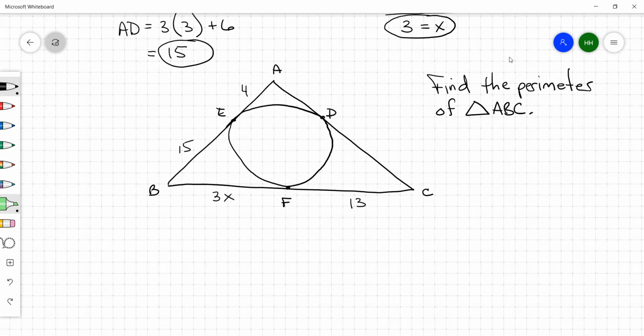So look, here's the rule though, right? Don't you have a segment, CA and AD? Aren't they both tangent to the circle coming from the same point? So what do you know about those two segments? Right, so how far is it from A to D? Good. You see the same application here from C to D and C to F? So how far is it from C to D?